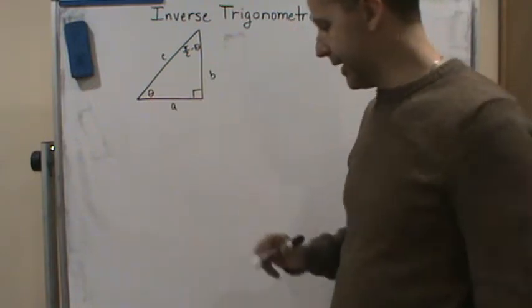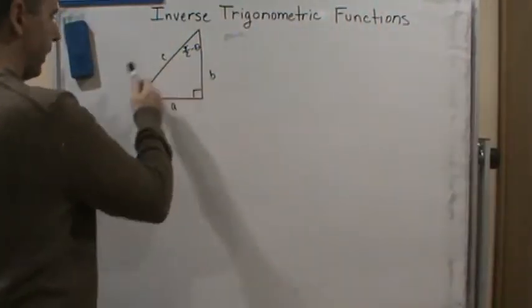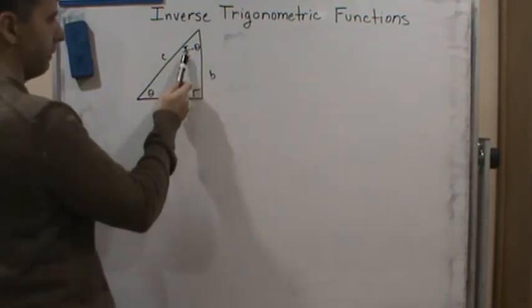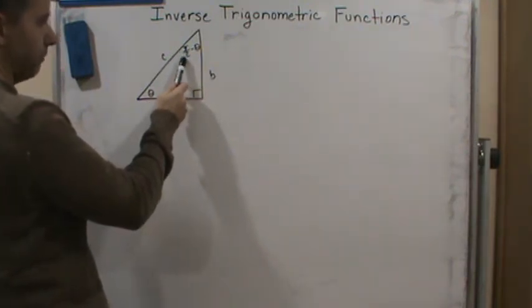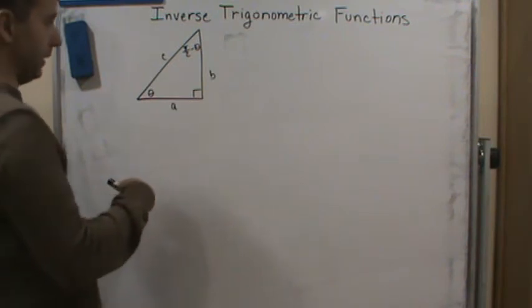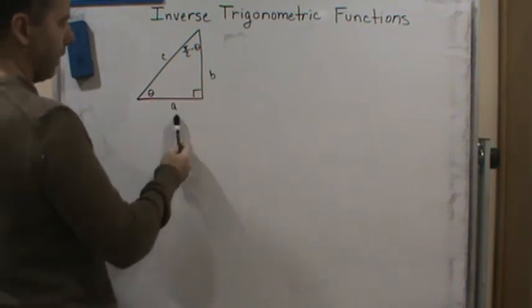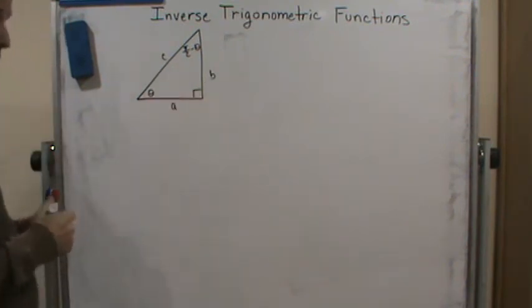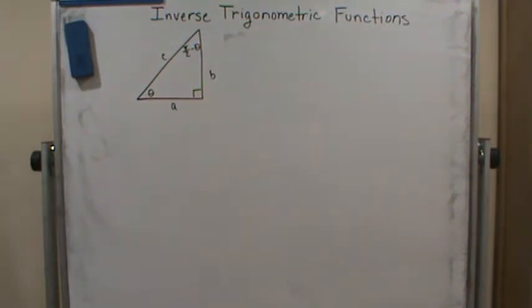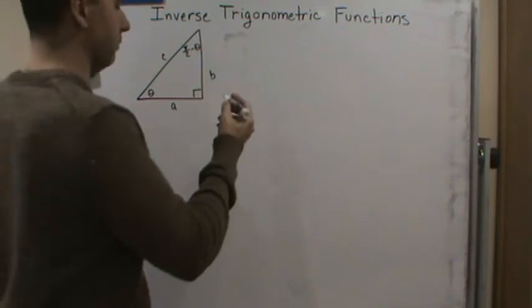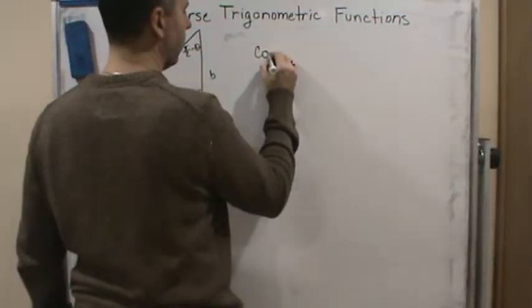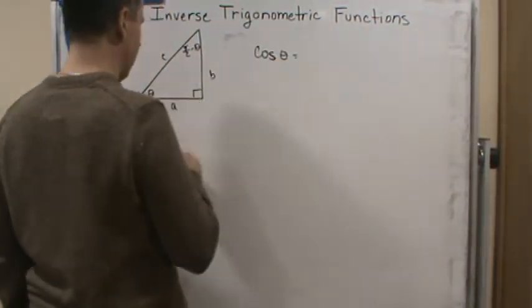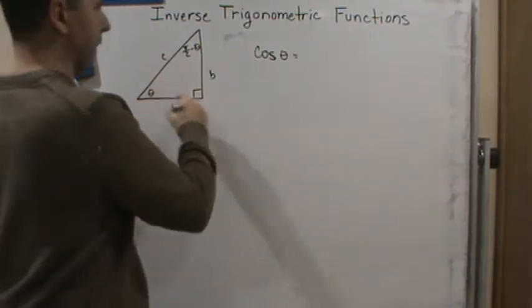Okay, so for example, if I look at this right triangle, I've got theta and then I've got the complement pi over 2 minus theta, and then I've got a, b, and c. So let's talk about cosine. Let's take cosine theta, which is a over c.